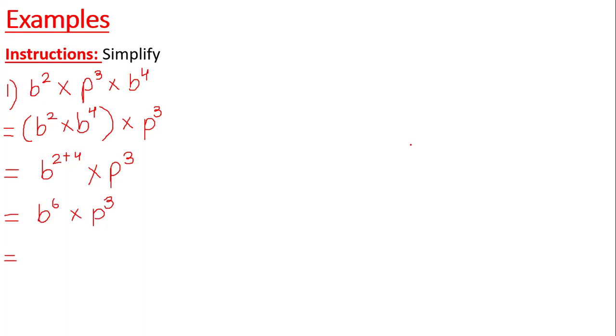I think I agree with him: b to the power 6, p to the power 3. We can't do anything with that. What about adding the powers? But they're not like terms. Okay, that's what you think.